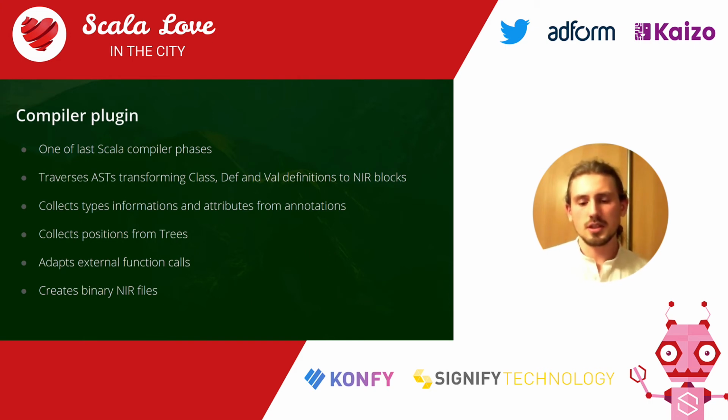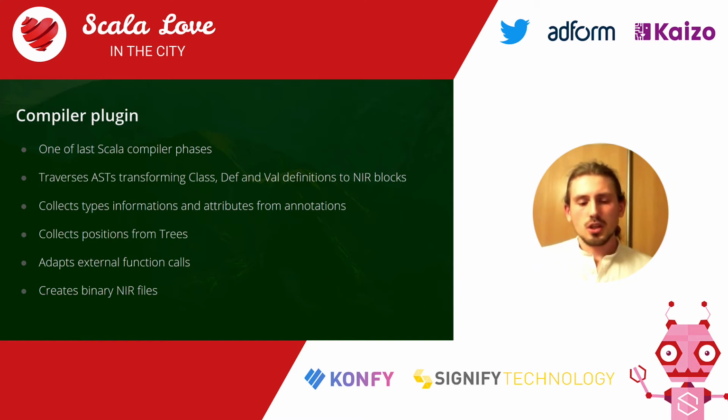For example, it creates a class in it. At this stage, we are also collecting a lot of information, for example types. So we get information about the parent type of given classes, traits that are implemented by it, but also a lot of attributes that in most cases come from annotations in the code, for example no-inline annotations or definitions of external methods or objects.